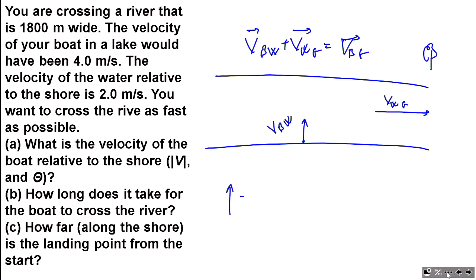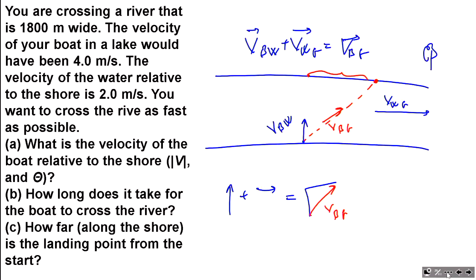So this plus this equals what? This arrow represents the velocity of the boat relative to the ground. And so the landing point will be somewhere there. This is how much it will be dragged down the stream.